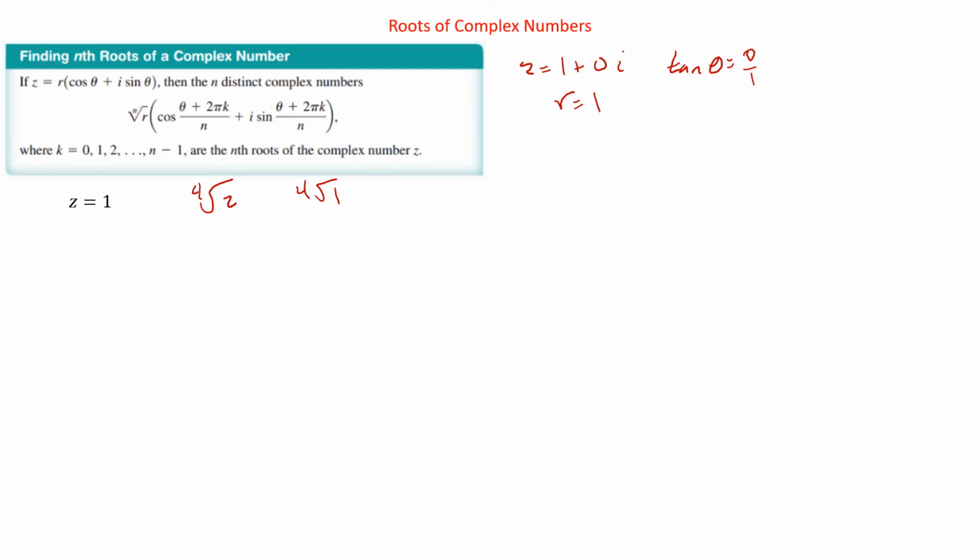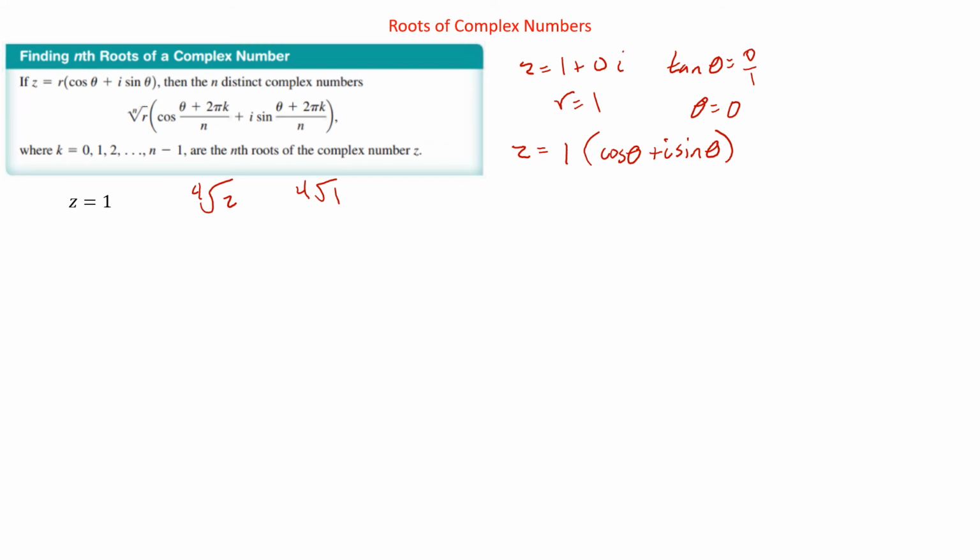So the tangent of theta here is 0. Inverse tangent, what angle gives us a tangent of 0? 0. So we can write 1 as the complex number 1 times cosine 0 plus i sine 0. Seems a bit big and excessive for that, but that's what we have.